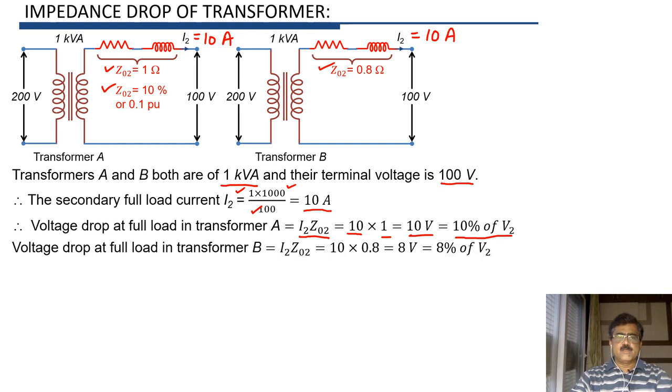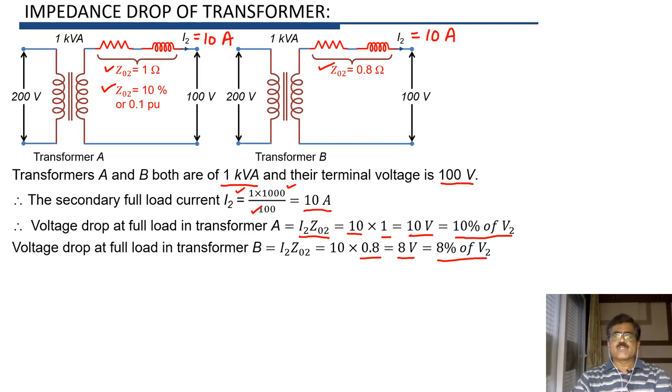Now let us see the voltage drop at full load in case of transformer B. Again it is I2 Z02, but in this case Z02 is 0.8, and therefore voltage drop will be 8 volt, and again if it is expressed as a percentage of V2, it will be 8% of V2.